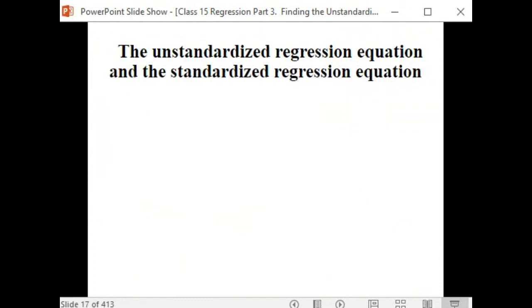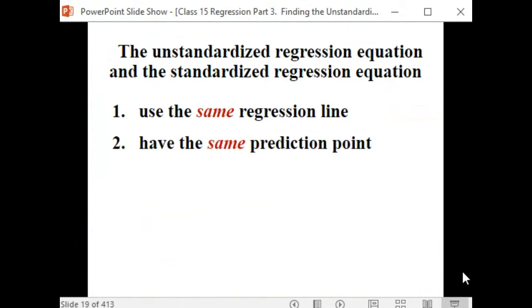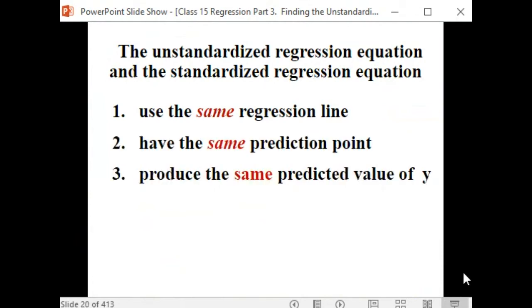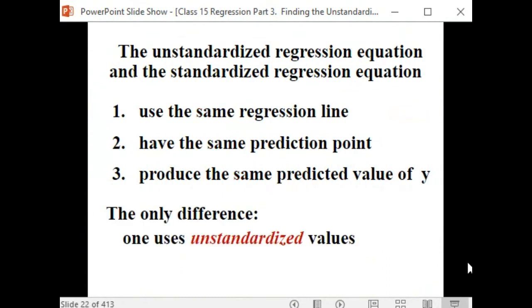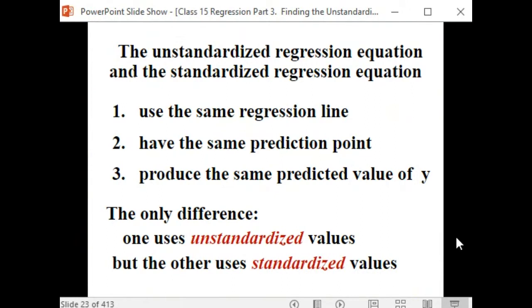And this example shows that the unstandardized regression equation and the standardized regression equation use the same regression line, have the same prediction point, and produce the same predicted value of y. The only difference is that one is using the unstandardized values of the variables, and the other uses the standardized values.